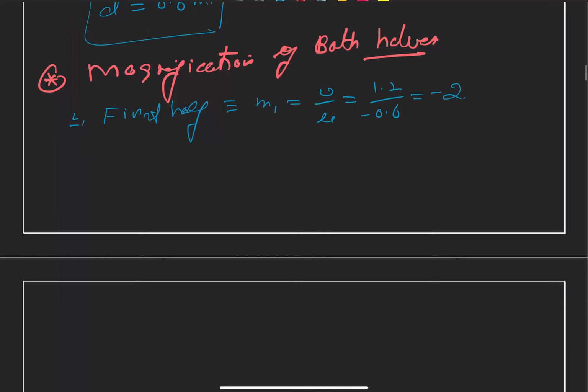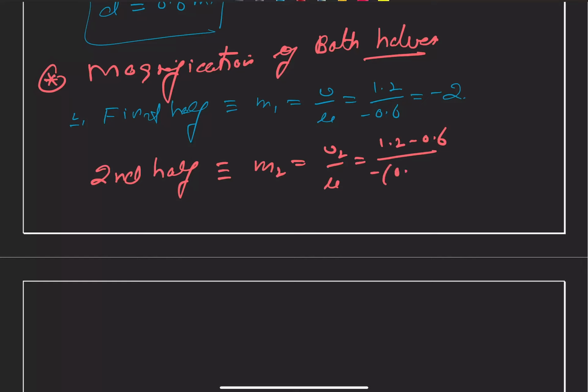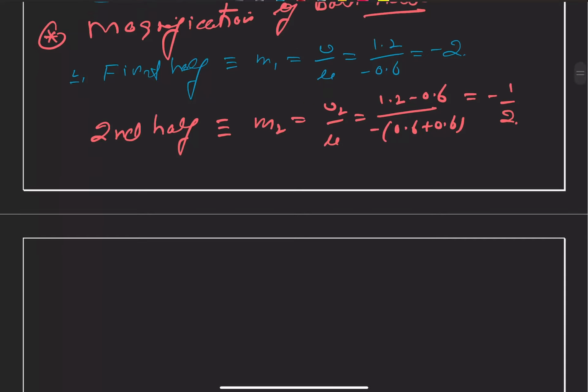And then we can find out for the second half, and for second half we are going to get our m2, that will be v2 upon u2. So we get 1.2 minus d, which was 0.6, and this is minus of 0.6 plus 0.6, and this comes close to minus 1/2. So in this, because image will be formed at the same distance, but the only difference will be in their size, the magnification, and they will be inverted because of the negative sign.